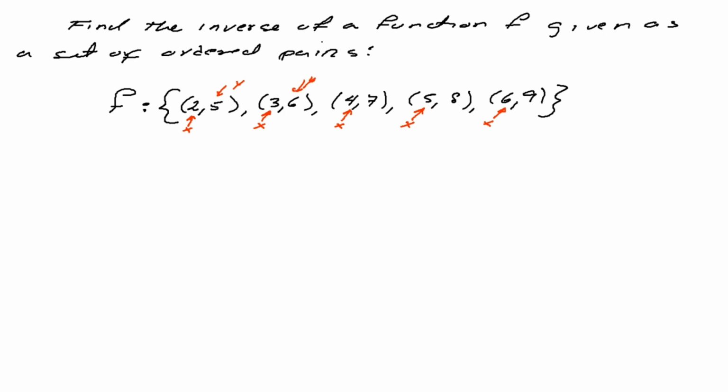So what we have to do when a function is given as a set of ordered pairs to find its inverse? Well, if the function is one-to-one, and we want to find the inverse, what we need to do is to interchange the positions of x and y for each ordered pair. Why?